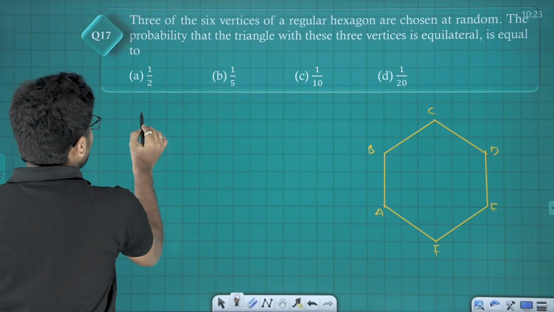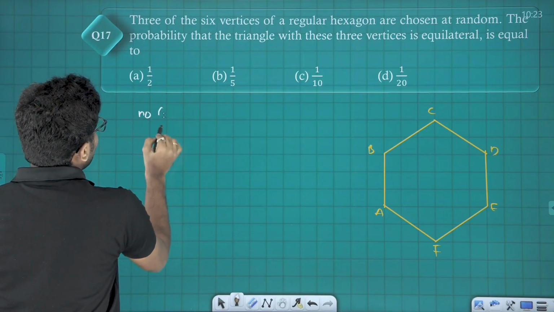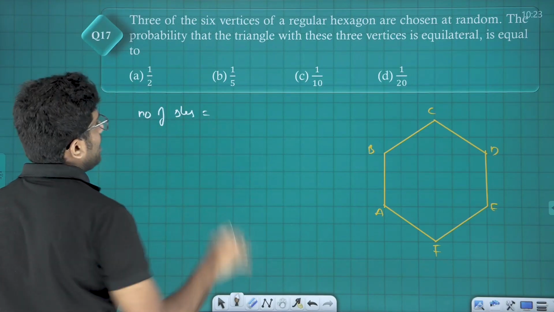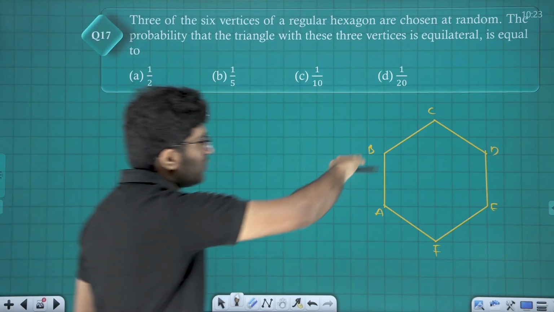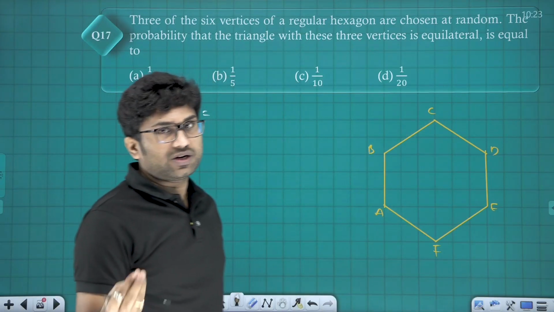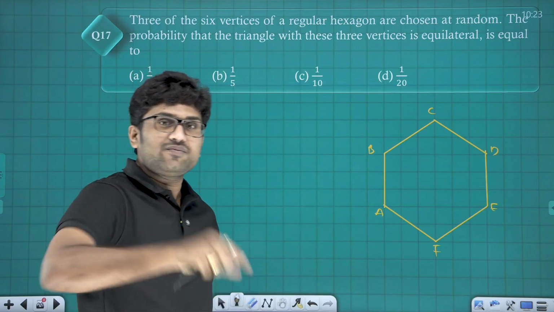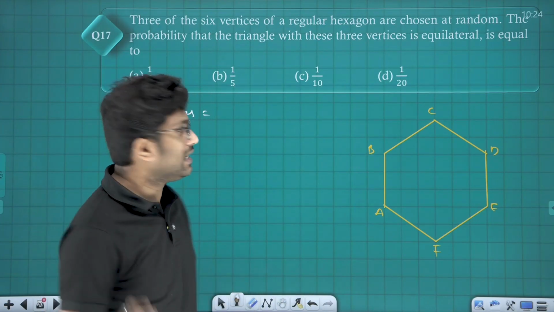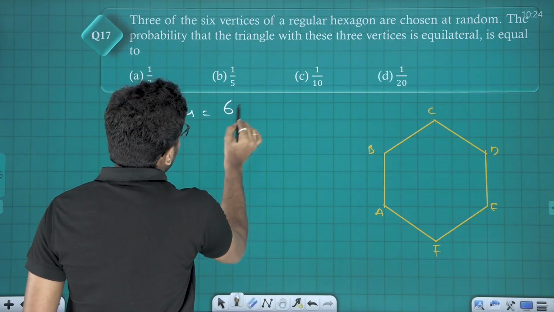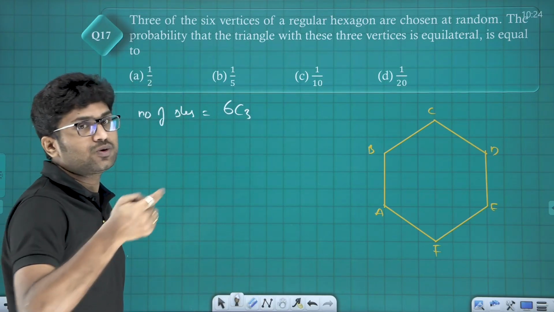The total number of outcomes will be the number of triangles that we get when we choose 3 out of 6 points. Hexagon means we have 6 vertices, and of these 6 vertices, no 3 are collinear. Clear? So the number of triangles is the number of ways we choose 3 points out of 6.